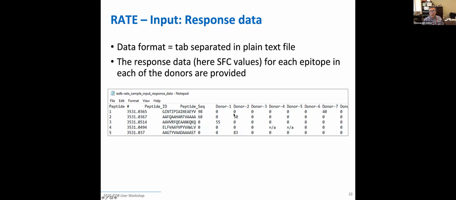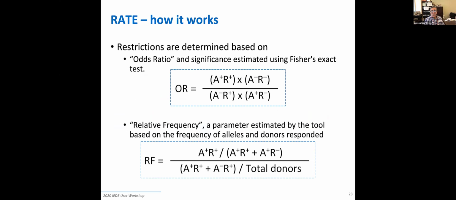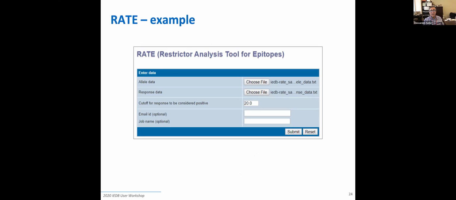The tool sees it as response or no response. And in some cases, you might not have tested this particular peptide in donor 4 and 5, so that is labeled as not available. And then, without getting into a formula, the tool calculates the odds ratio and relative frequency value of the response in different categories.